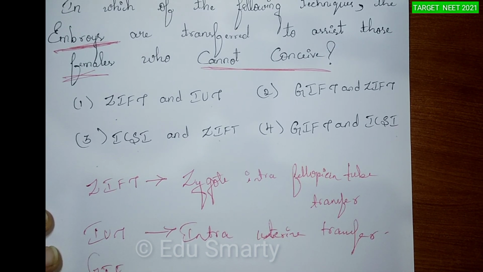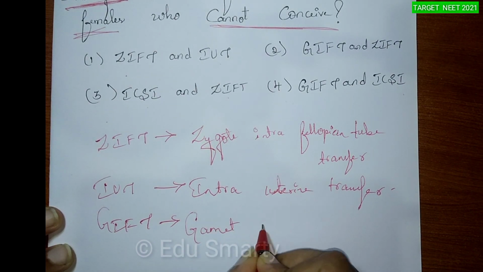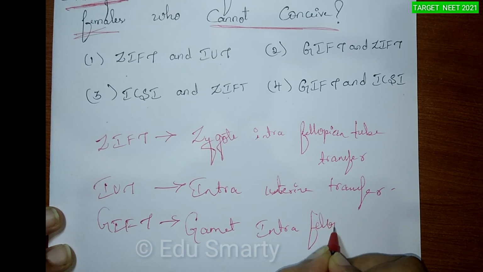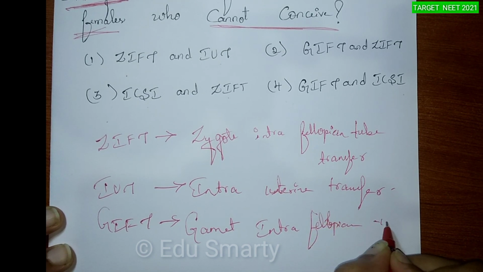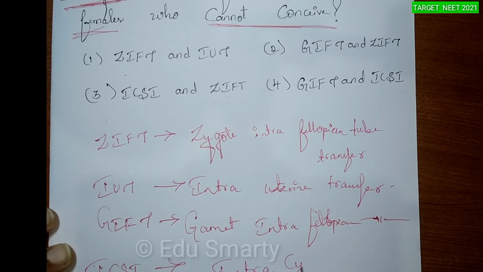And GIFT means gamete intrafallopian transfer. And the next technique is ICSI. ICSI means intracytoplasmic sperm injection. Okay.